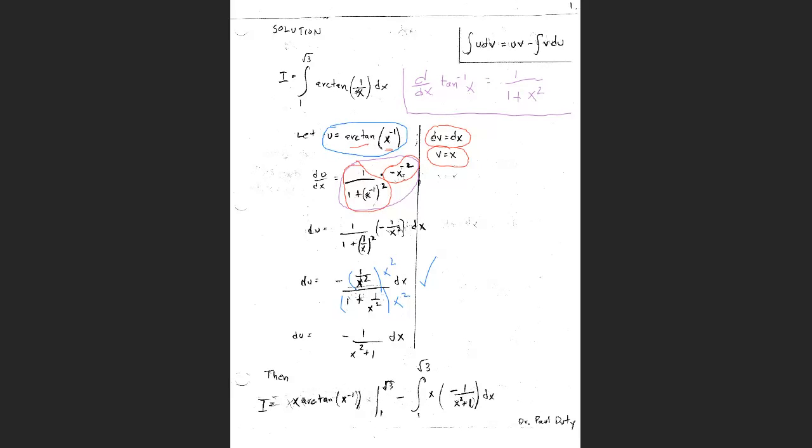So then du will equal the fraction -1 over x squared plus 1. Because remember, you're distributing the x squared to those two terms.